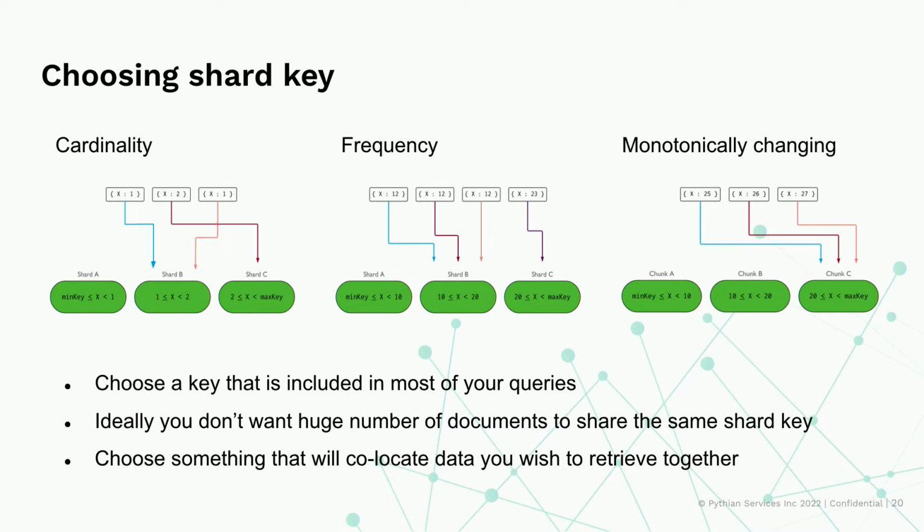If we have just 10 different unique values for a shard key, then we cannot make splits. So your data will be only partitioned into 10 different chunks, and that's the maximum that you will get. So it's good that you choose a shard key that has very high cardinality.